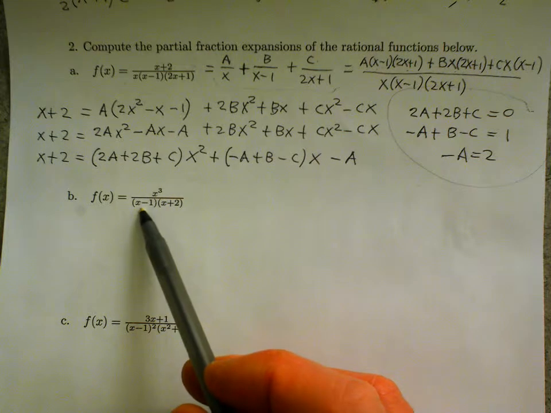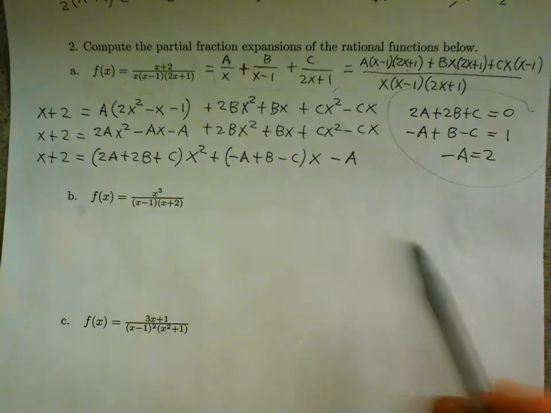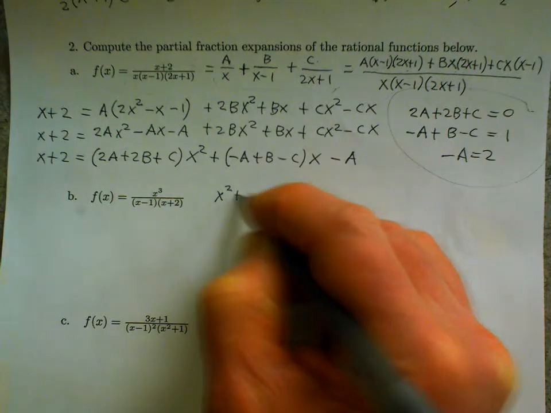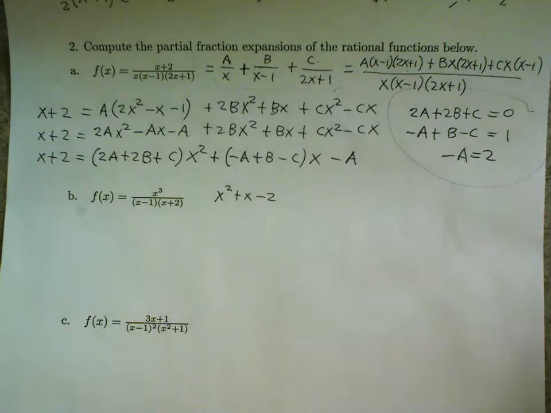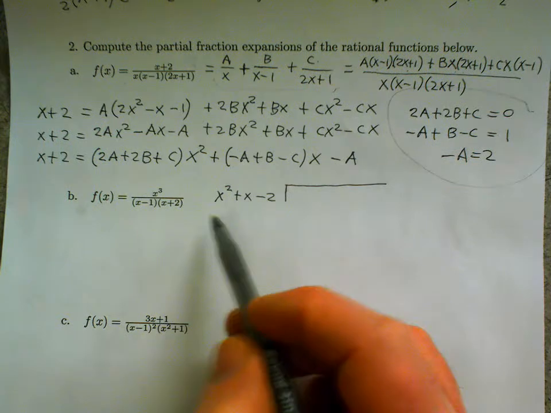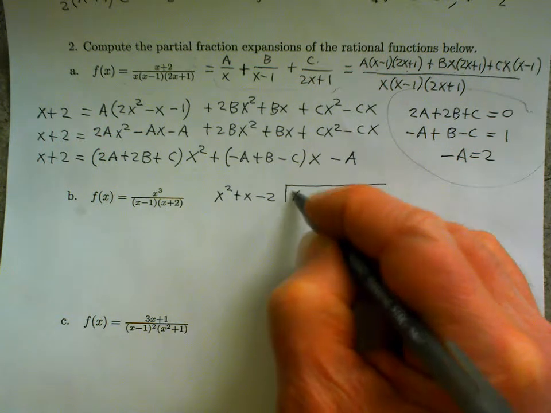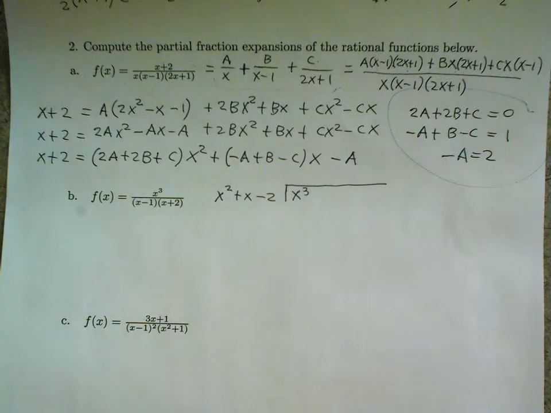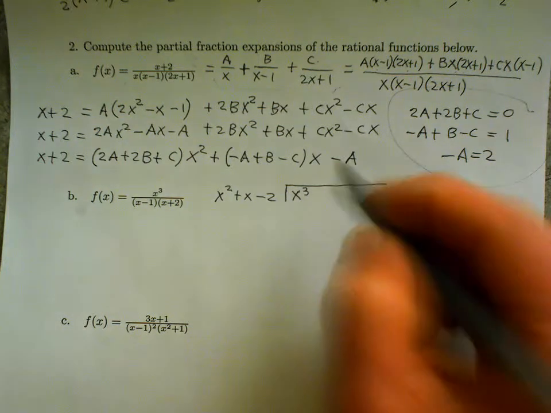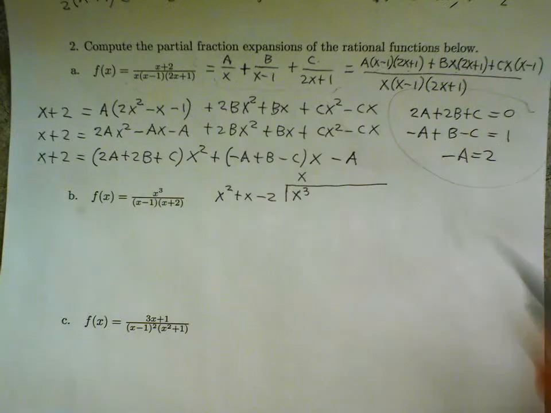So the denominator, when you multiply those two linear factors, you get x squared plus x minus 2. And we're going to divide that into the numerator, x to the third. So x squared goes into x to the third x times.